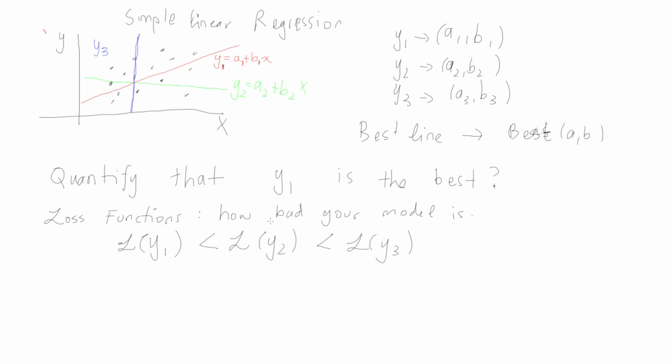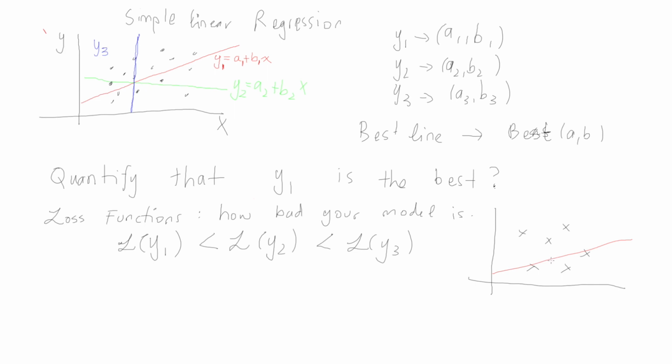All right, so how do we actually do this? How do we come up with a number to quantify this? Well, let me just redraw this. Here, let's say this is my line, and the question is, what is this line actually telling us?